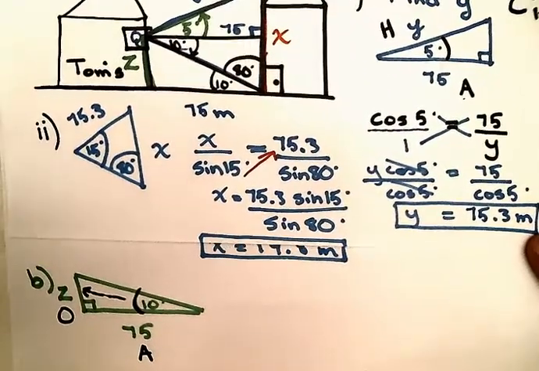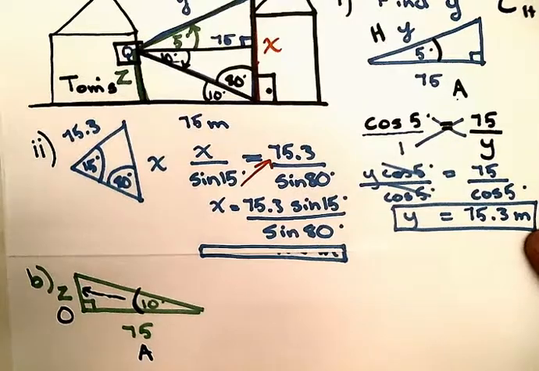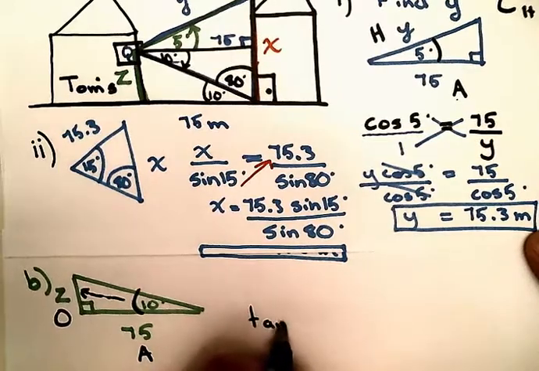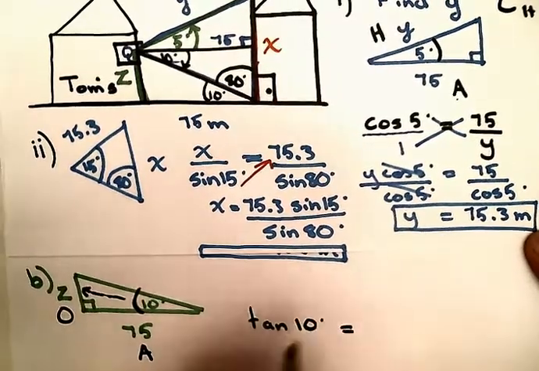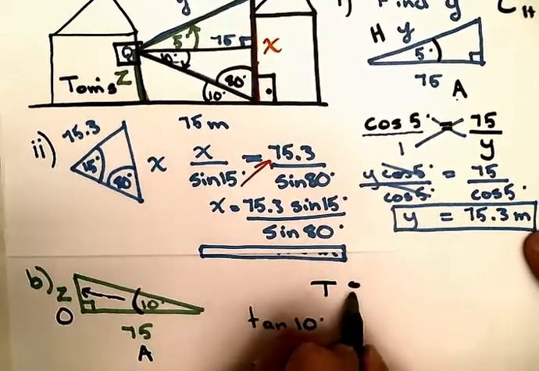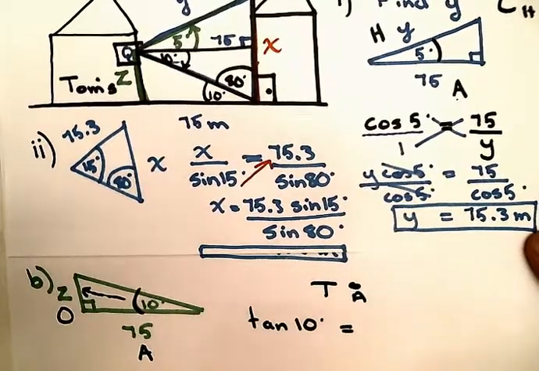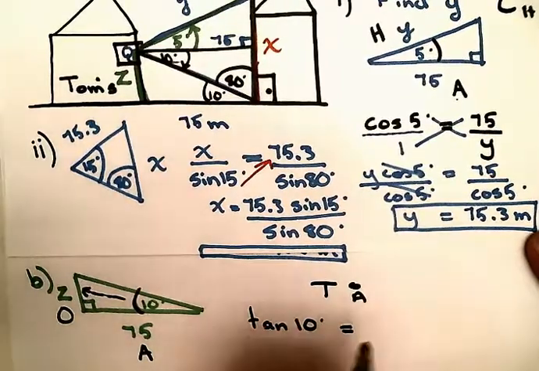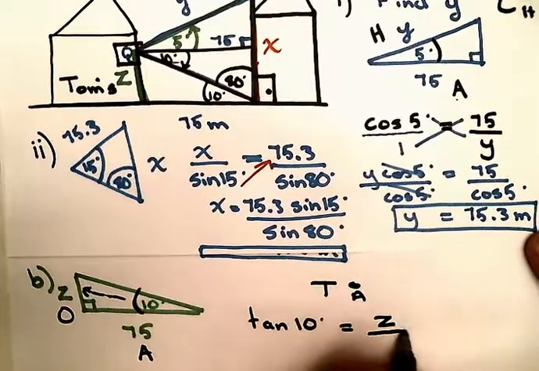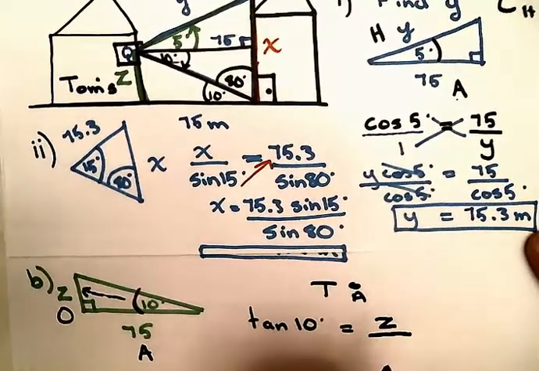You should know that that's tan. Tan involves opposite and adjacent. So if you do the tan of 10 degrees, and tan is a TOA, you're going to get your answer. So let's go for it. Tan of 10 degrees, opposite is the unknown Z, height of the window, and adjacent is 75.